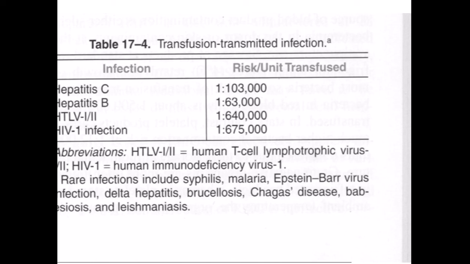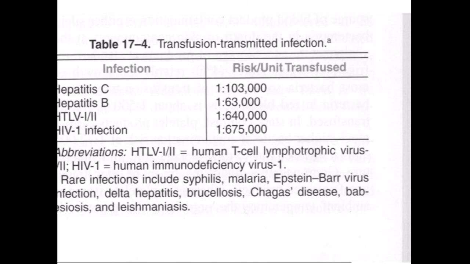Hepatitis C is the most common virus that could cause post-transfusion hepatitis C. And in one in every 103,000 blood transfusions we could have hepatitis C. And hepatitis B as well, serum hepatitis, the same thing here. This is also common.